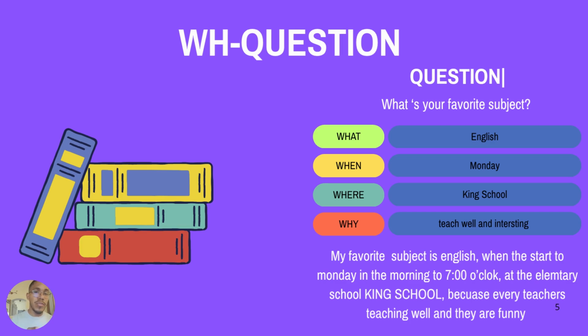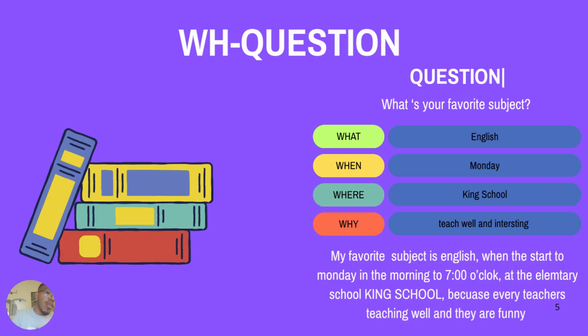Here, look at all the questions. What? What is your favorite subject? My favorite subject is English. When? It starts on Monday in the morning at 7 o'clock. Where? At the elementary school, King's School. Why? Because the teachers teach well and they are funny.